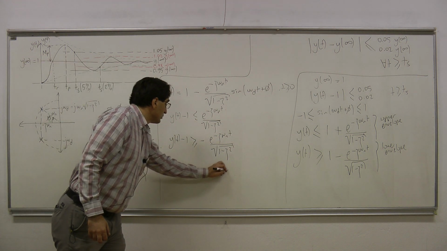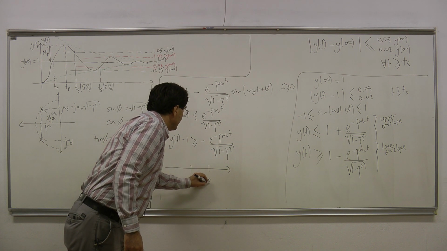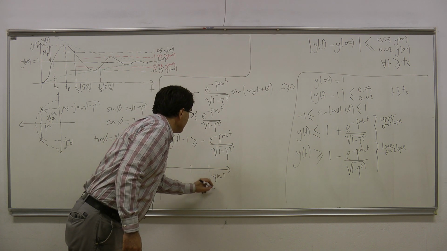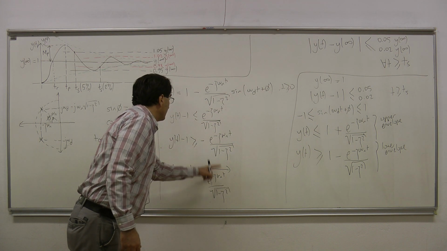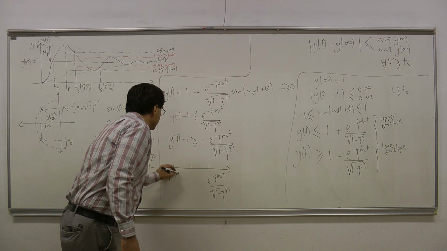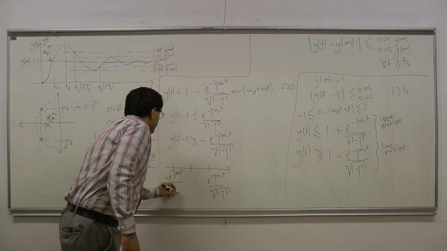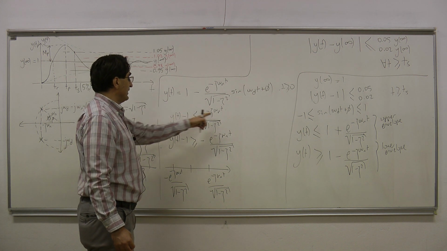So here I have e to the minus psi omega n t divided by the square root of 1 minus psi square, and I have here the negative of that number, minus e to the minus psi omega n t divided by the square root of 1 minus psi square. What is the first equation telling us?